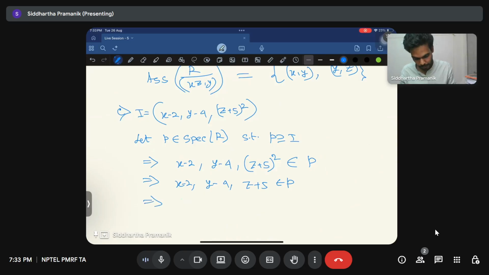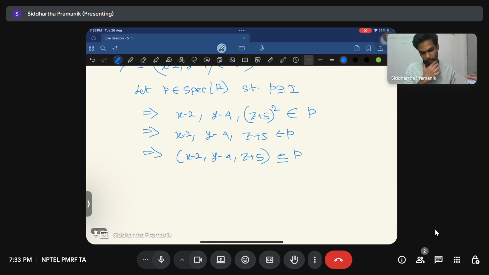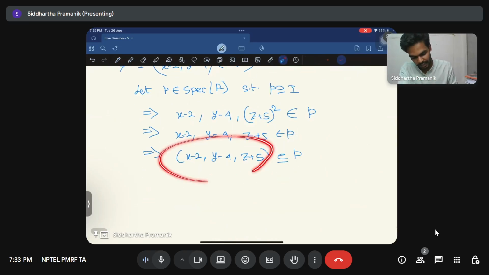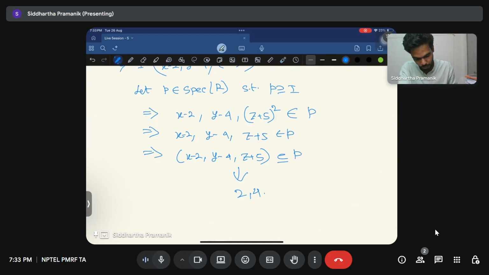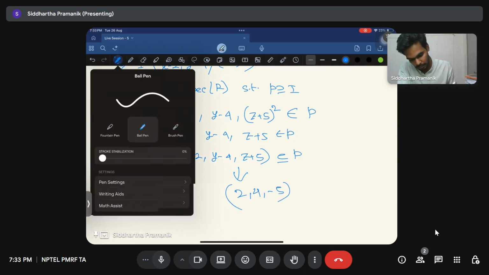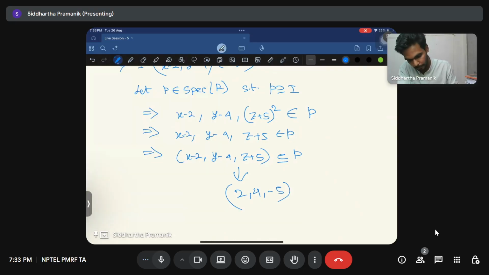So that will imply the ideal (x minus 2, y minus 4, z plus 5) is a subset of P. But this ideal is maximal because it corresponds to a single point (2, 4, minus 5). So that will imply P has to be equal to (x minus 2, y minus 4, z plus 5).